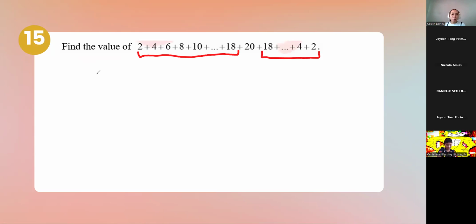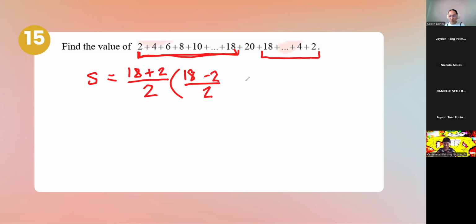So the sum would be, the last number in this first part is 18, right? 18 plus the first 2 and then divide it by 2, multiply it by the count of numbers, that's 18 minus 2, last minus first divided by 2 plus 1.